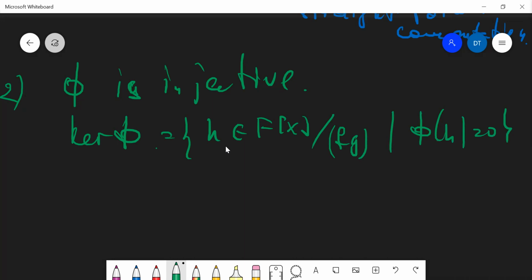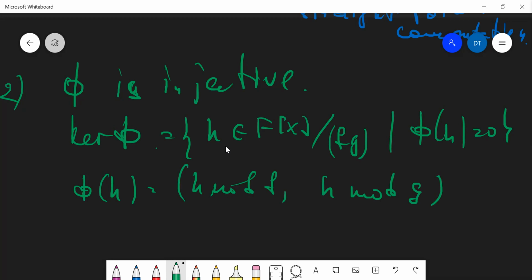But what does it mean that phi of h is 0? By definition, phi of h was the remainder of h with respect to f and the remainder of h with respect to g. So what does it mean it's 0? It means that f divides h and g divides h.